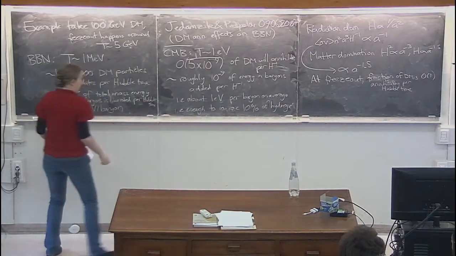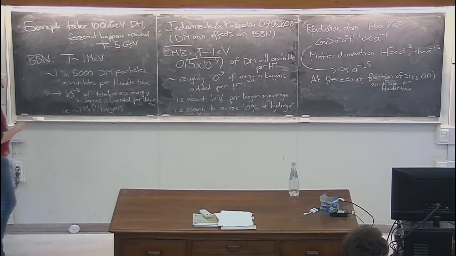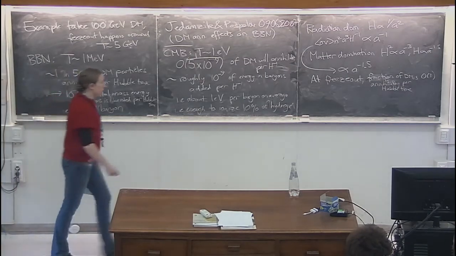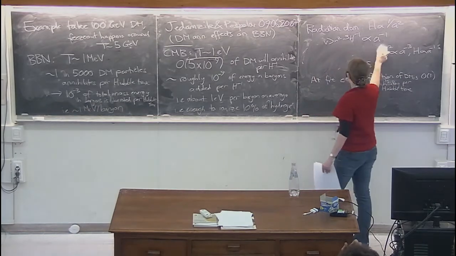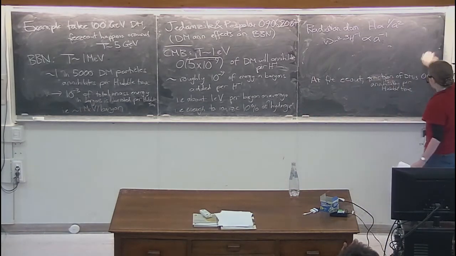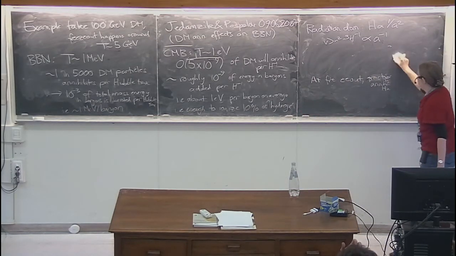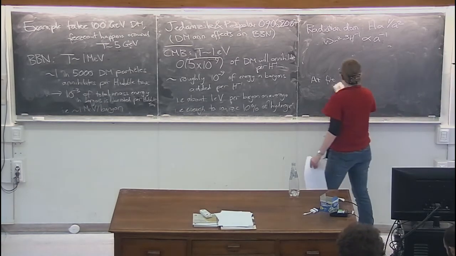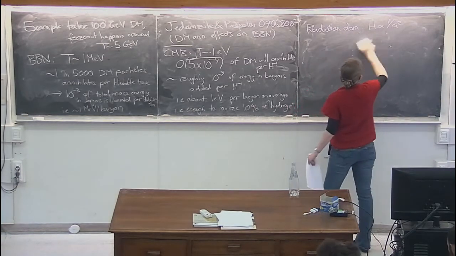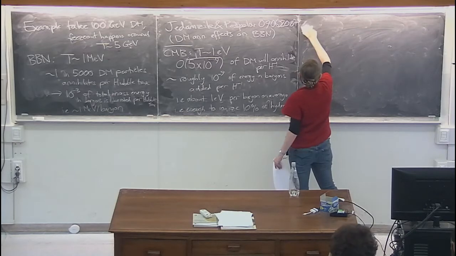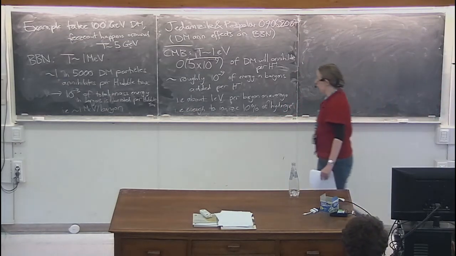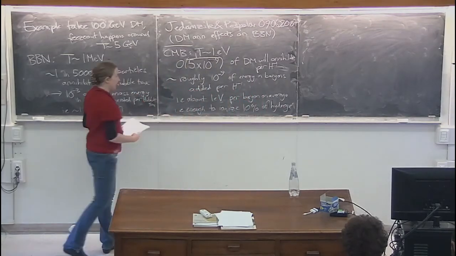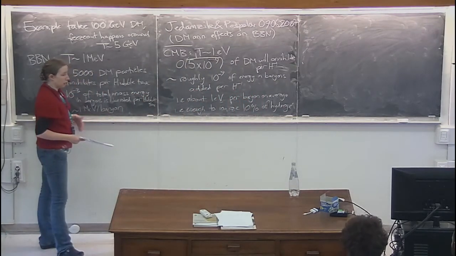Now, our standard history for what happens at the CMB and immediately afterwards is that the universe goes from being almost completely ionized to almost completely neutral pretty fast. And after recombination, after the surface of last scattering, what you're left with is a residual ionization fraction that is lower by a factor of about 10 to the minus 3 or 10 to the minus 4.